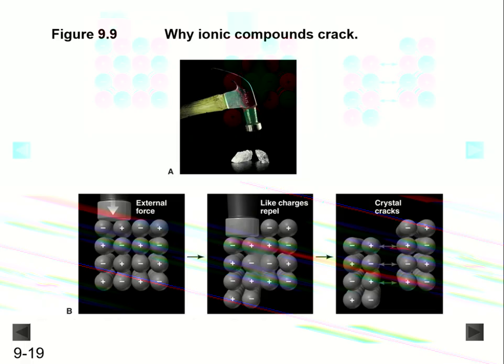And these two charges are alike, and they repel one another. They push away. And therefore, the crystal will crack apart. We're going to look later on to see why something like lead and metals don't do this.